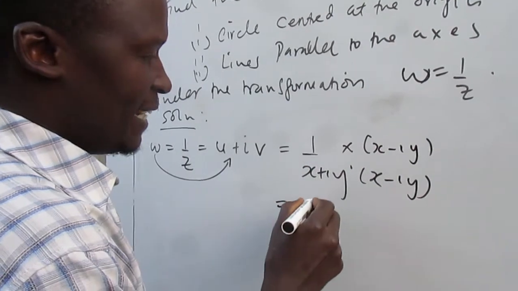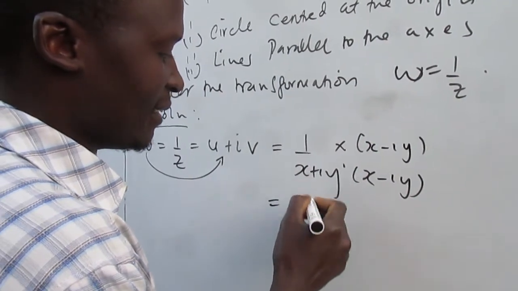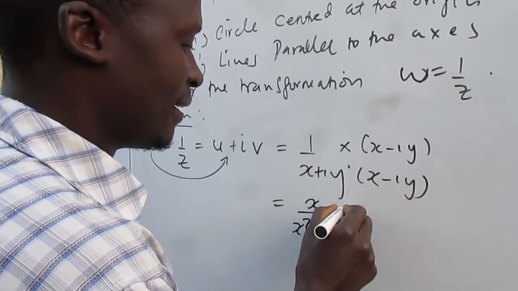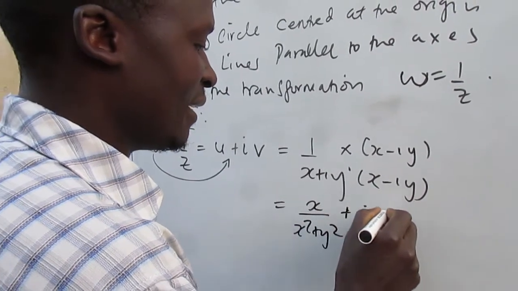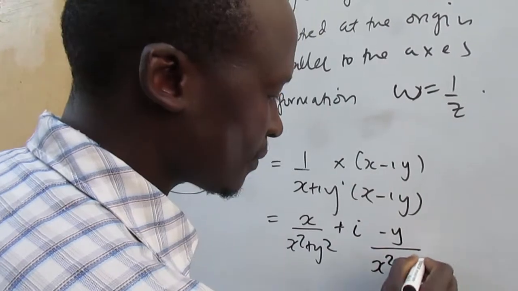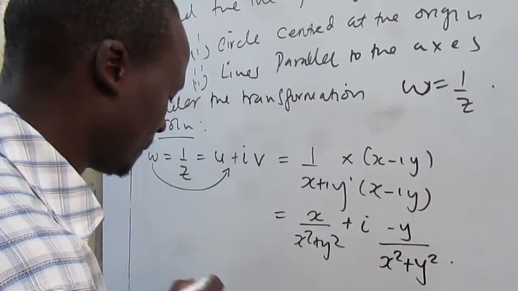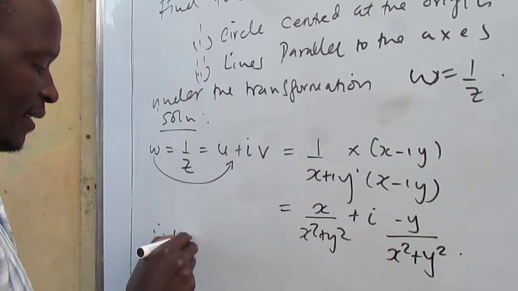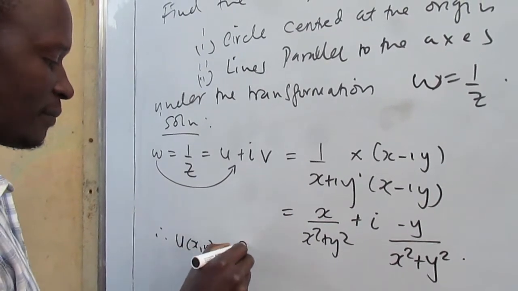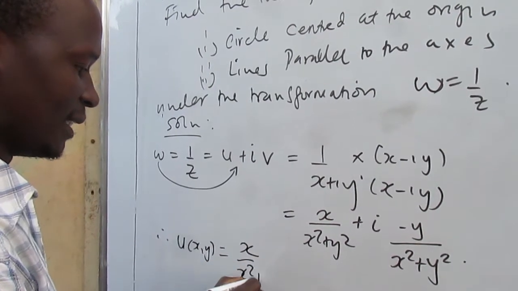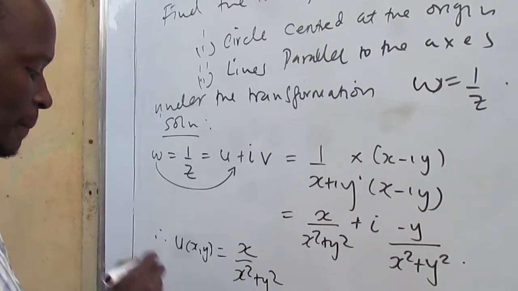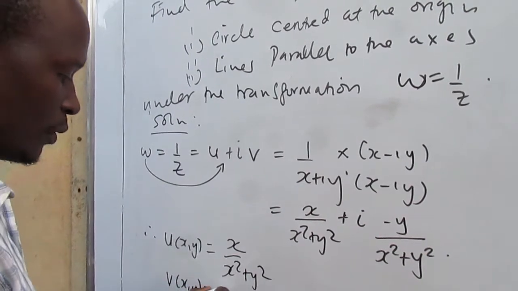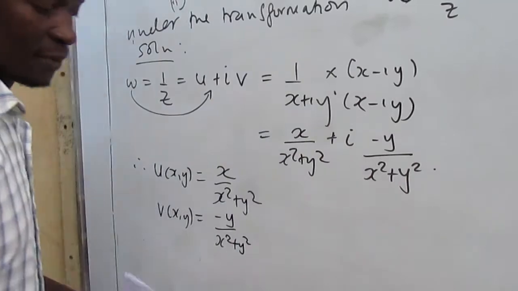So this, when simplified, should give us x over x squared plus y squared plus minus y over x squared plus y squared. So therefore our transformation equations are u of xy is equal to x over x squared plus y squared, and v of xy is equal to minus y over x squared plus y squared.